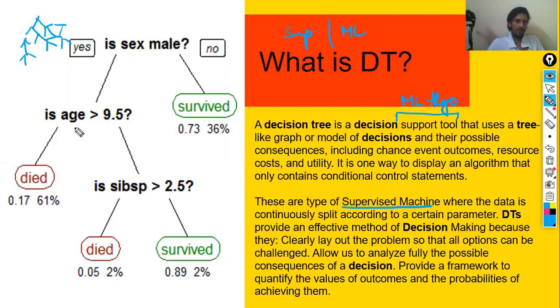So here you can see what if it is greater than 9.5, if it is less than 9.5, if it is greater than 2.5. It's pretty easy to understand. And this also becomes one of the biggest advantages of decision trees, which we will be talking about in probably 1 or 2 minutes, right? So now I hope you have understood what a decision tree is basically.